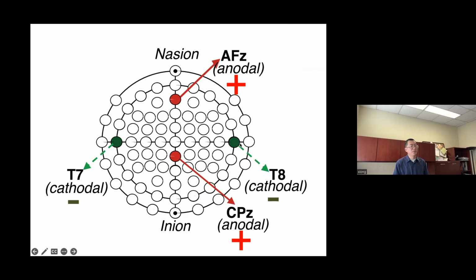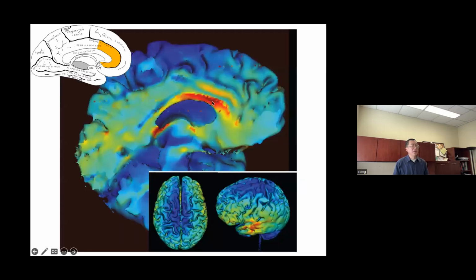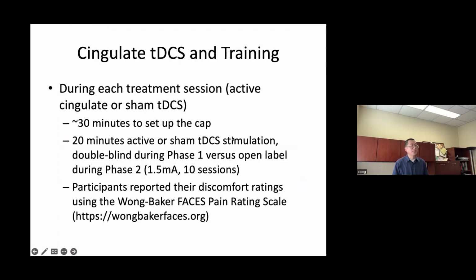Then we have 2 temporal electrodes, T7 and T8, for inhibition. Based on simulation, the excitation in the ACC is pretty good, so we use this setup.